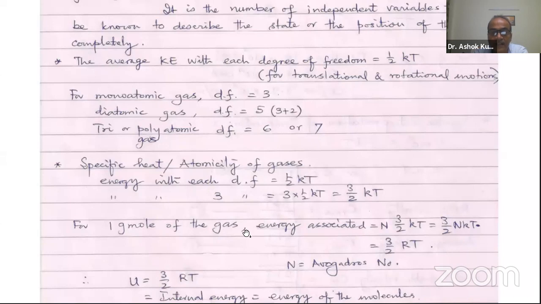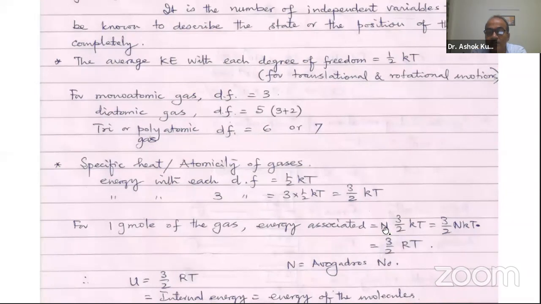Mole of the gas. So 1 gram mole will have how many molecules? N number of molecules. Is it clear? Any problem? What is N? N is Avogadro number. In some books and some places we use A also. What is N? Avogadro number.